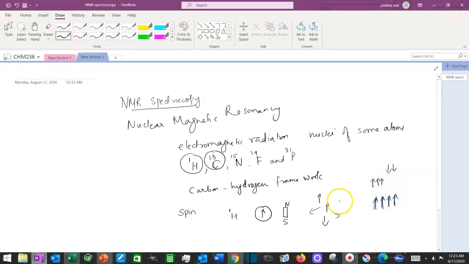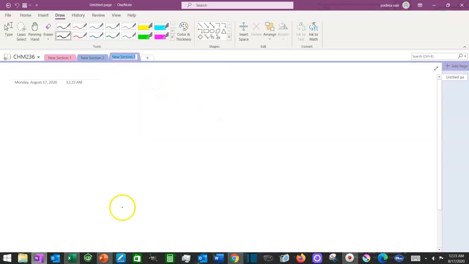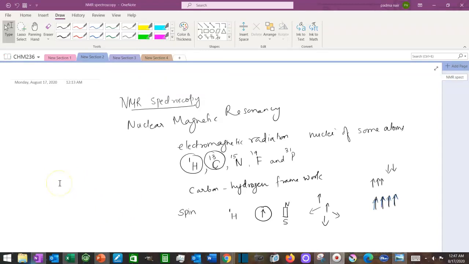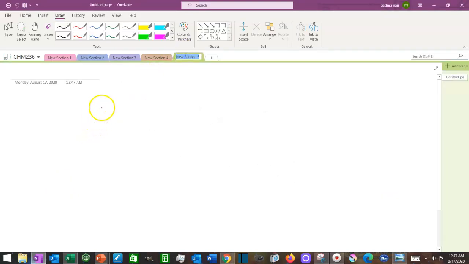These two spin states are represented as alpha and beta spin states. Let's redraw this. The two spin states can be represented as the alpha spin state and the beta spin state.